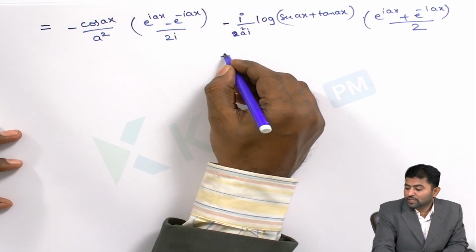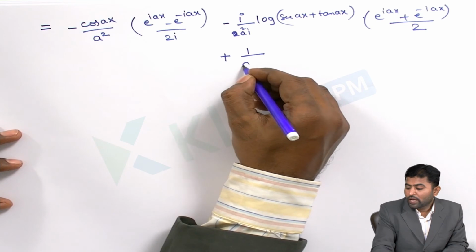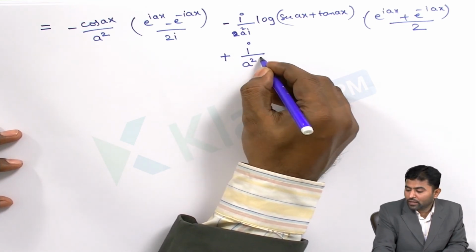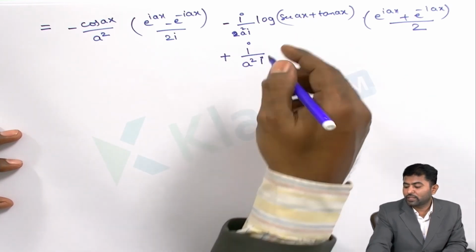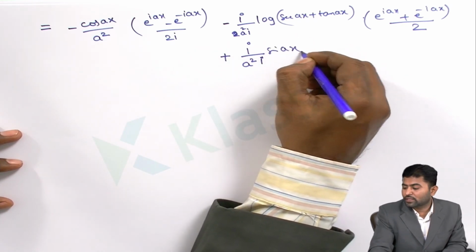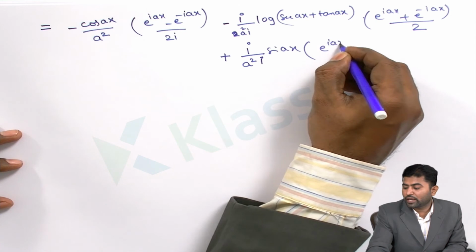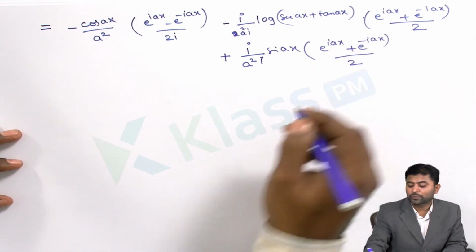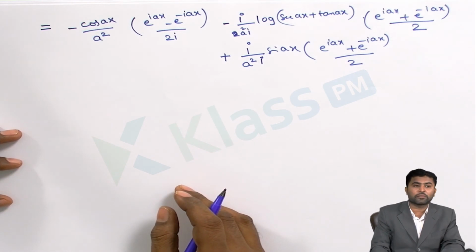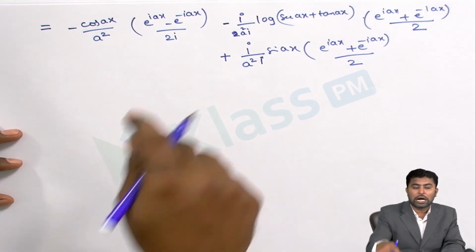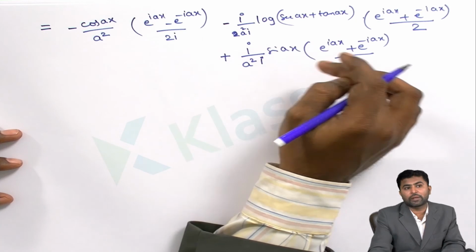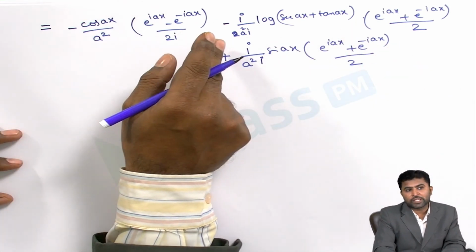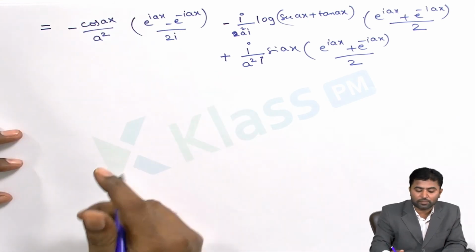Then plus 1 by a square, sin ax into e power iax plus e power minus iax by 2. I'm keeping the a terms and i terms outside in these two terms, and sending 2 inside. And here I'm keeping the 2i term inside and the remaining terms outside that bracket.